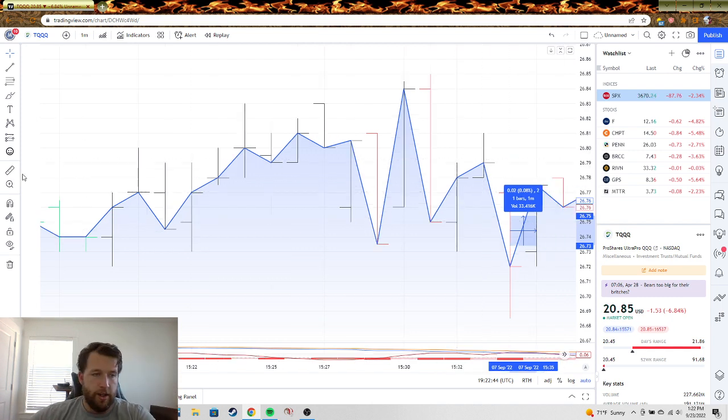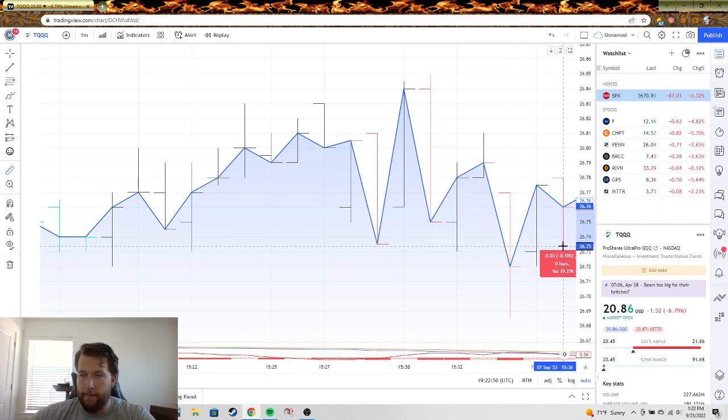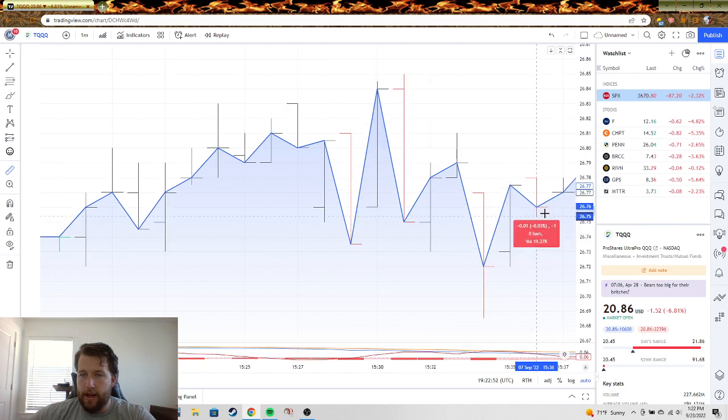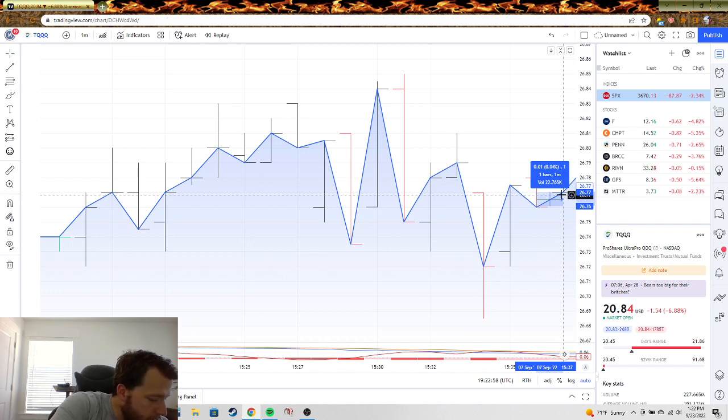All right, there's another sell signal, so let's sell. Let's say we went in probably about right there, right at the bottom, and got stopped again right there. So another 1 cent loss. 0.01.